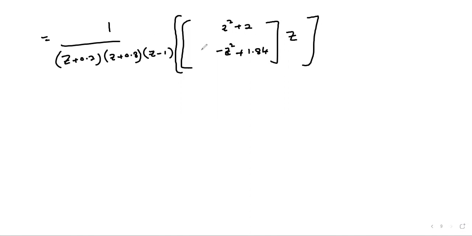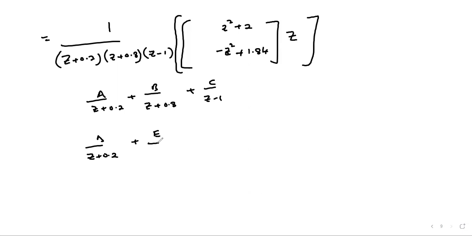Once we have the partial fractions, we multiply them by Z. Ideally we have a constant A over Z plus 0.2 plus a constant B over Z plus 0.8 plus a constant C over Z minus 1, then a constant D over Z plus 0.2 plus a constant E over Z plus 0.8 plus a constant F over Z minus 1. All these we multiply by Z.